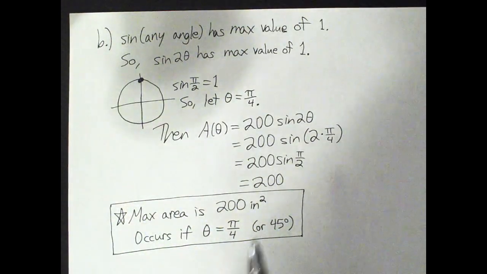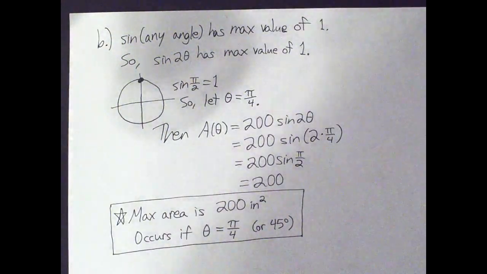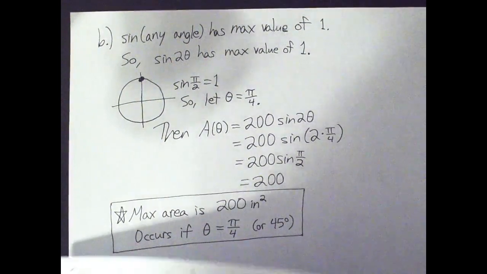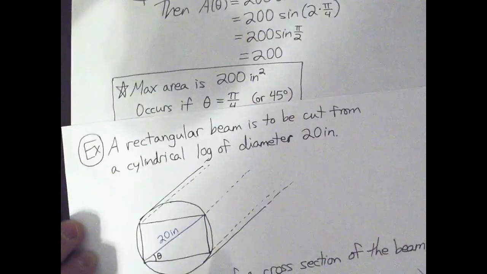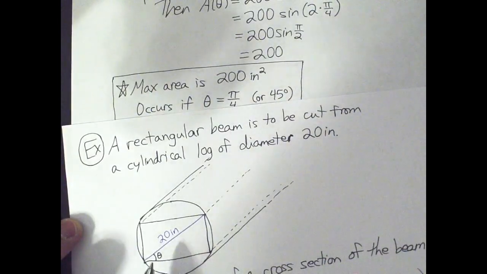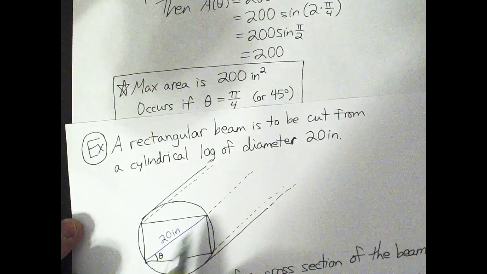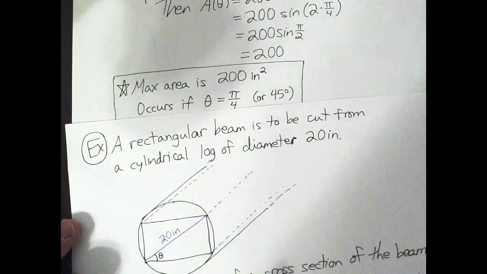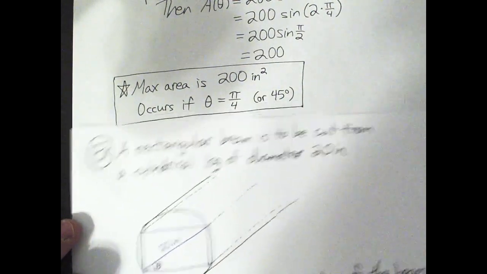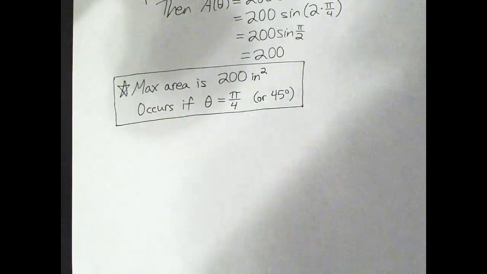Well, no, it has to be this angle, because any negative angle or any angle that goes around multiple times is not going to make sense physically in this picture. From the picture, I can tell theta had to be an acute angle. In order to make a rectangle, theta would have to be somewhere between 0 and 90, and we found that it's actually right in the middle.